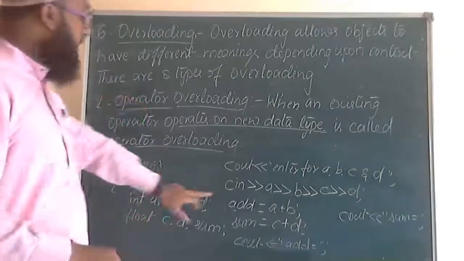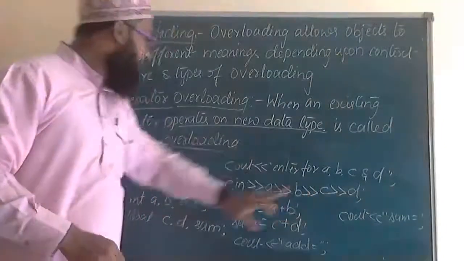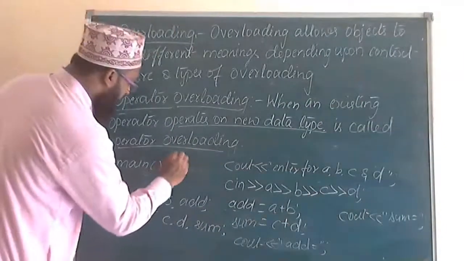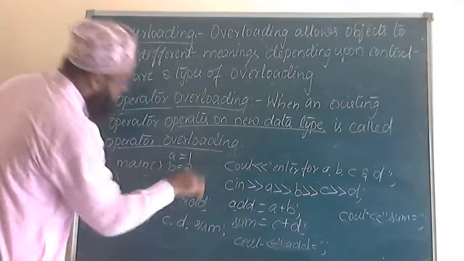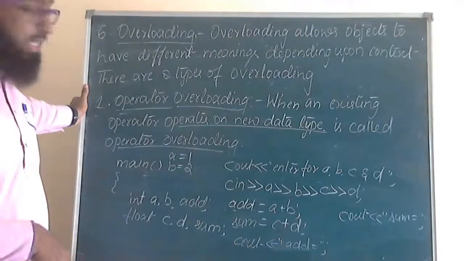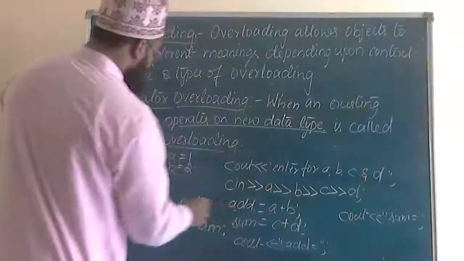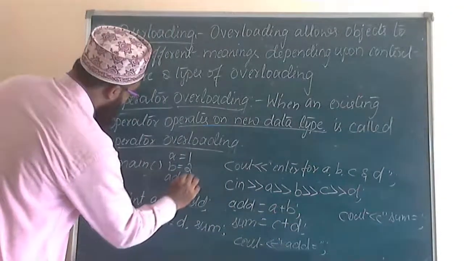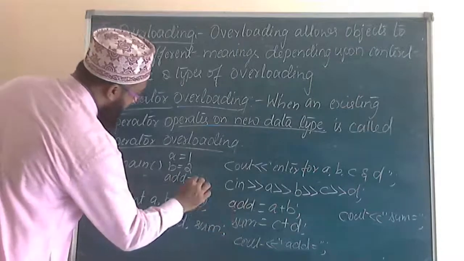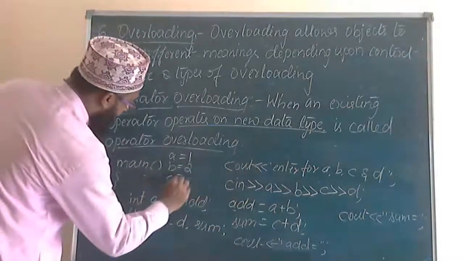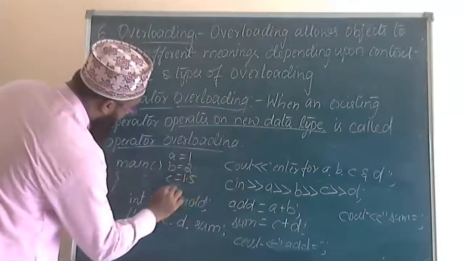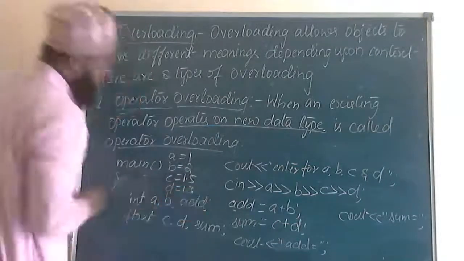Here it is asked to enter a, b, c, d. For the value of a, we will enter 1, then for the value of b, we will enter 2. This is integer type. Then add equals will give you the answer. Then for c, I will give 1.5, and for d, I will give 1.